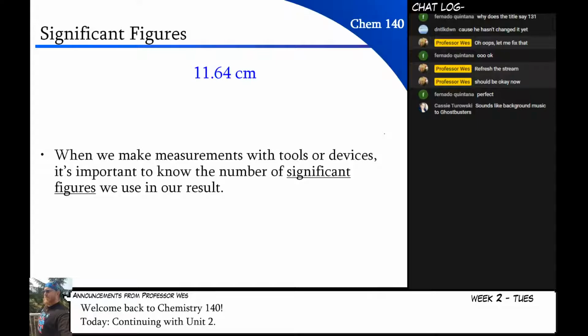All right, so let's get started. Whenever you make a measurement with some sort of tool, the number of digits that you can write down as either known or closely estimated, which is the last digit, the number of digits you can write down is the number of significant figures you have in your result.